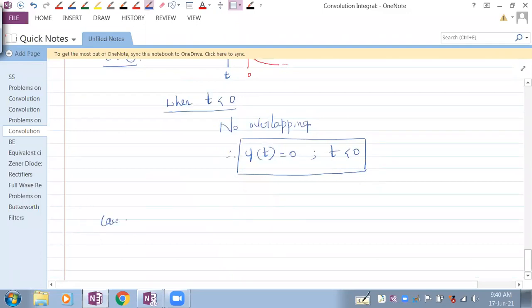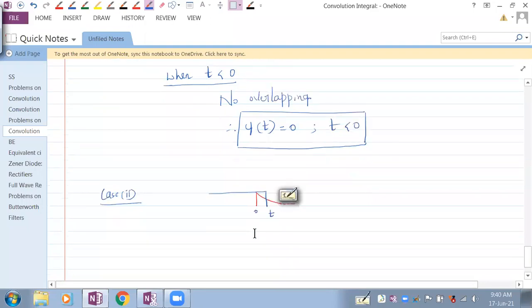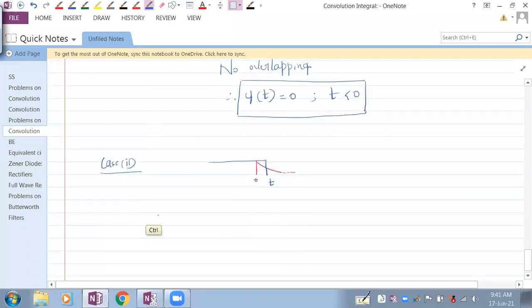Now can you give me case number 2, everybody? Again, let's take this red signal, that's the stationary signal. And let's take the moving signal. Let our moving signal come like this and stand somewhere over here. So this is 0. This is t. Now, what is this case? This is when t is greater than or equal to 0.